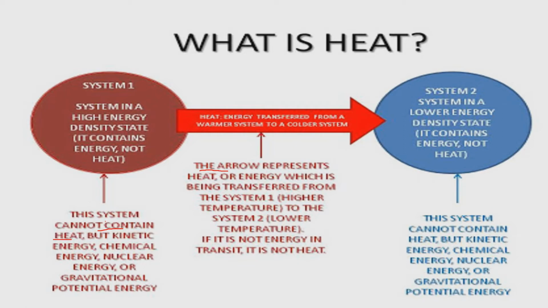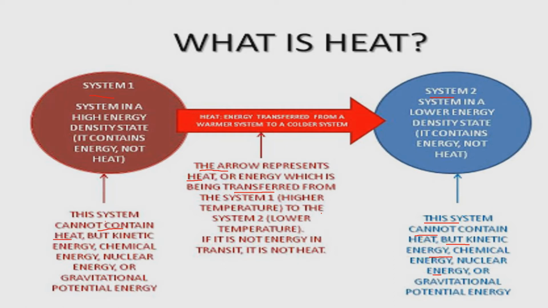So the internal energy of the system will be converted into heat energy and transferred to the surroundings, or, according to our picture, from system 1 to system 2. So it is the picture for transferring energy. System 2 will gain heat from system 1 and store it in the form of kinetic energy, potential energy or gravitational energy inside the compound.